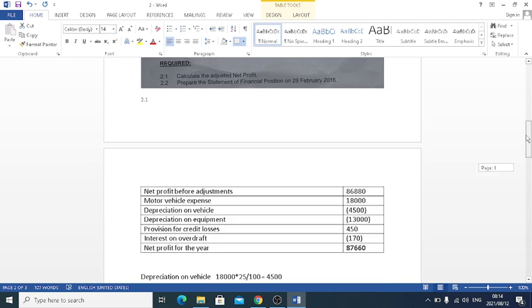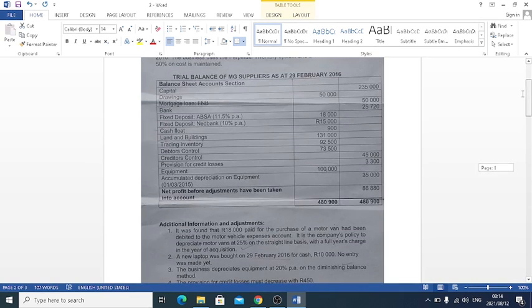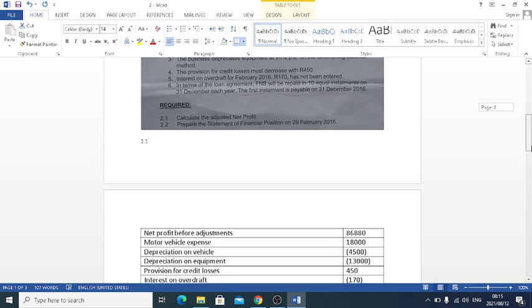So the first account, or the first item in our trial balance as an asset, is land and building, 131,000. Nothing happened to land and building, so they open at 131 and close at 131.